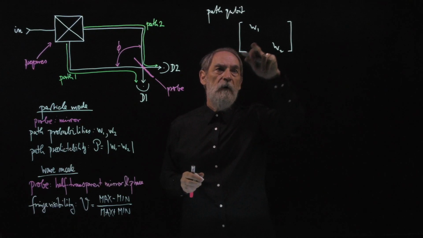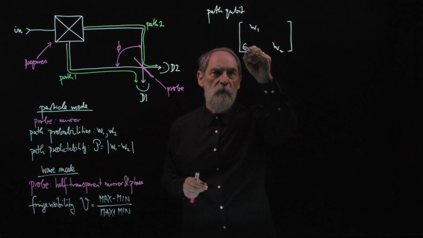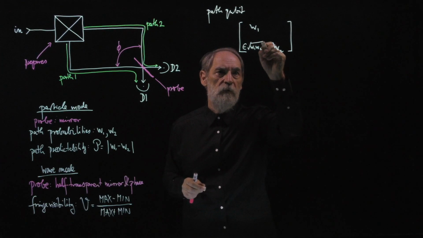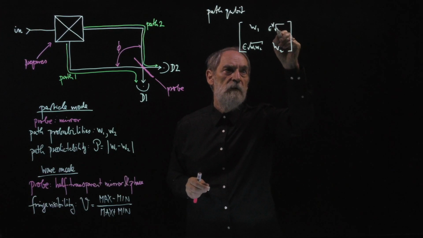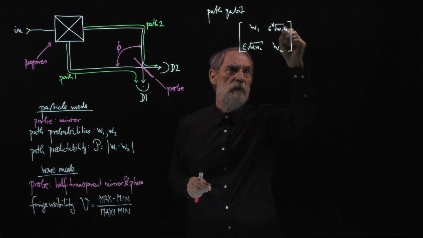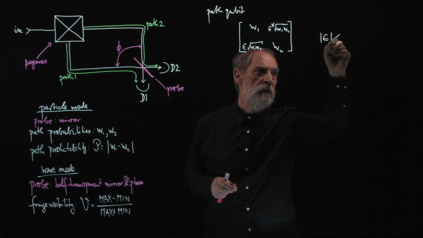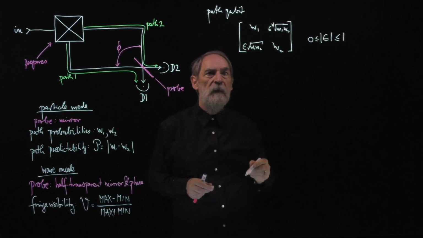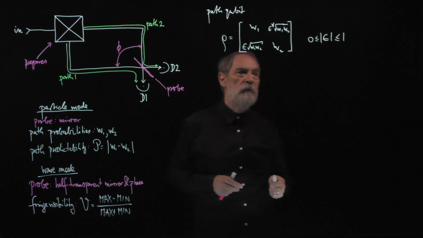And then there are off-diagonal matrix elements, and they will be of the form a number epsilon times the square root of W1 W2, and epsilon complex conjugate times the square root of W1 W2, where epsilon is a complex number that is between 0 and 1, because otherwise this rho would not have the correct properties.